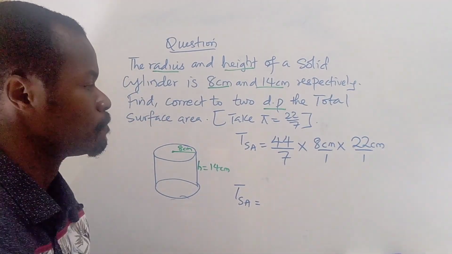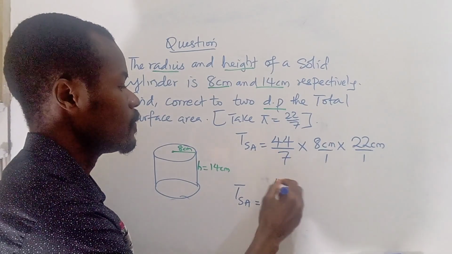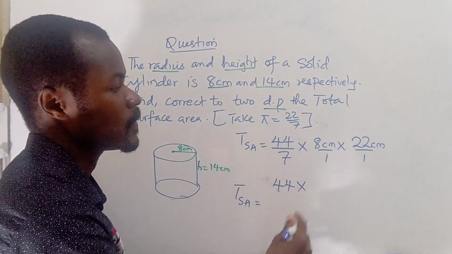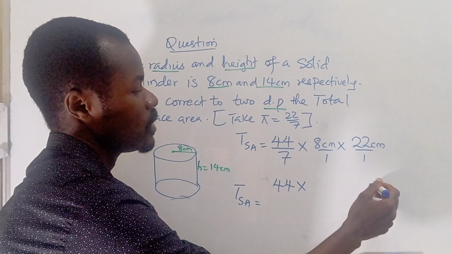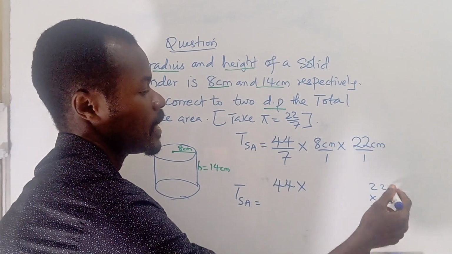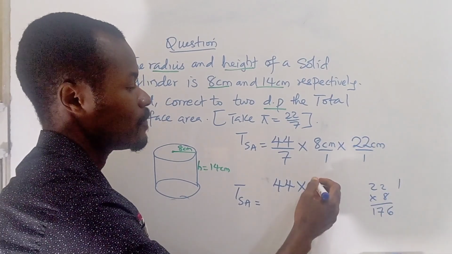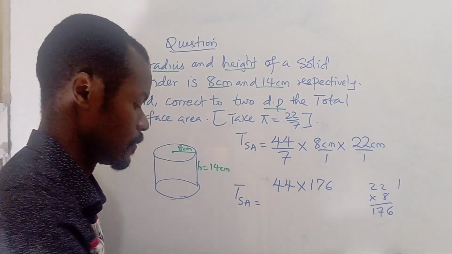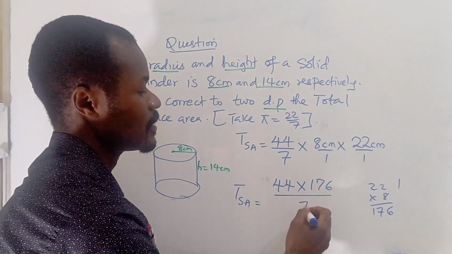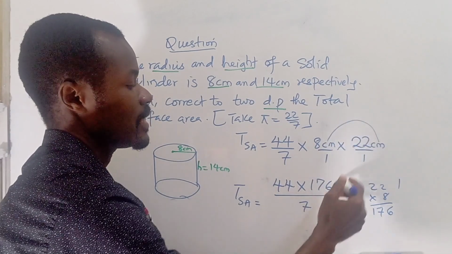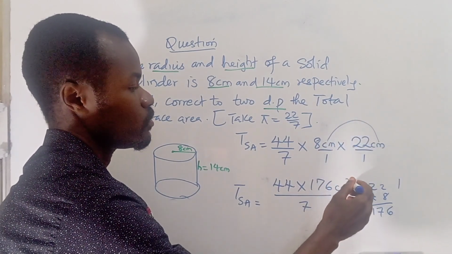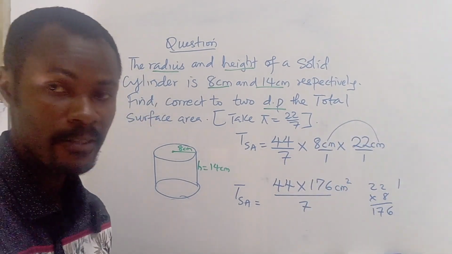So we have 44 times 8 times 22; 8 times 22, let's see, 16 carry 1, 16, 17, so we have 176. Divide by 7. Centimeter multiplied by centimeter is going to give us centimeter square.